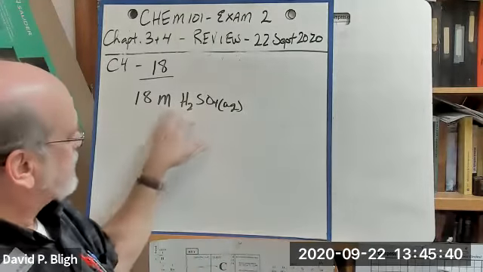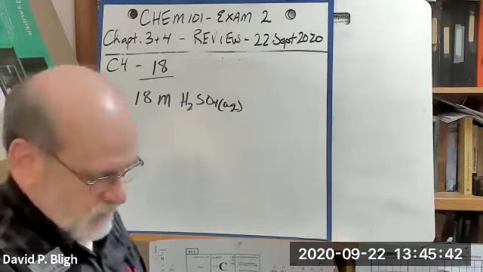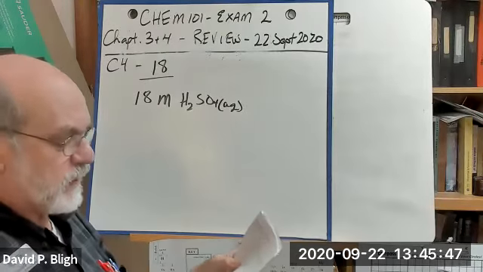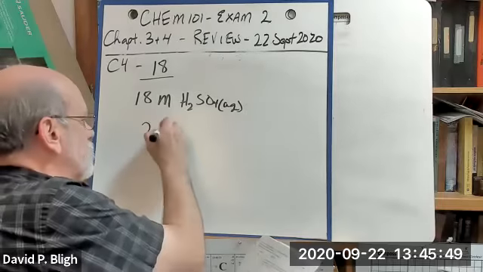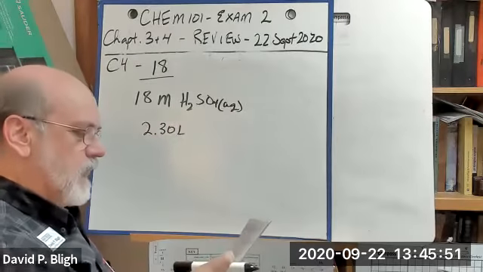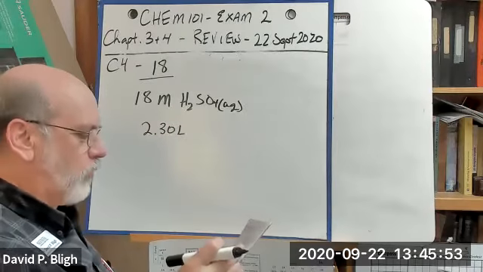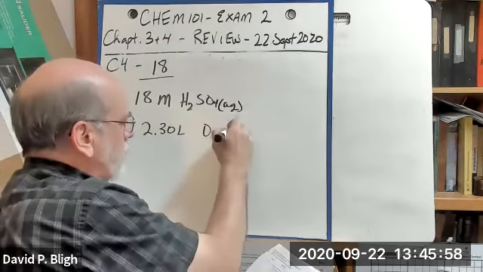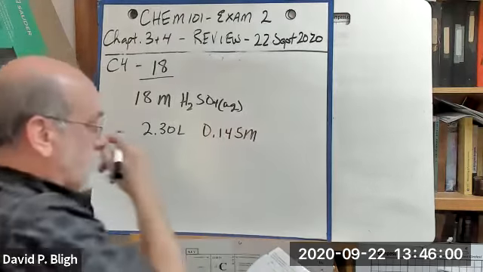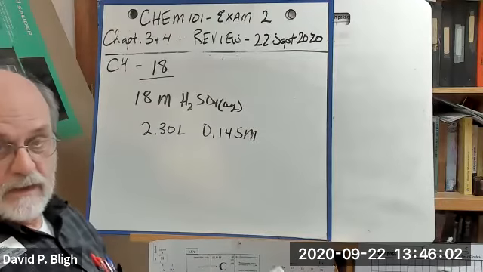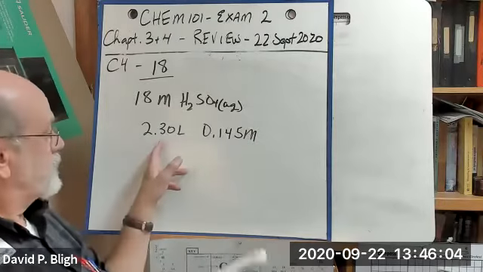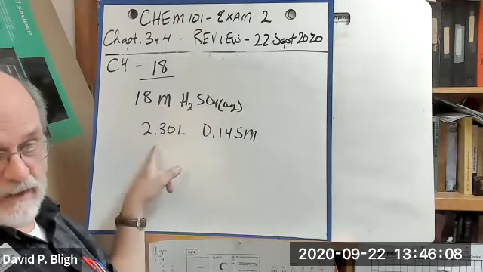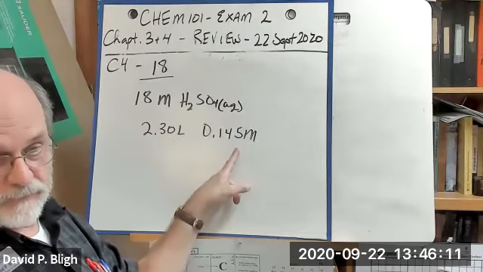But you've got this 18 molar sulfuric acid, and you need to prepare 2.3 liters of 0.145 molar sulfuric acid. How much of that do you need to dilute to this volume to give you that concentration?